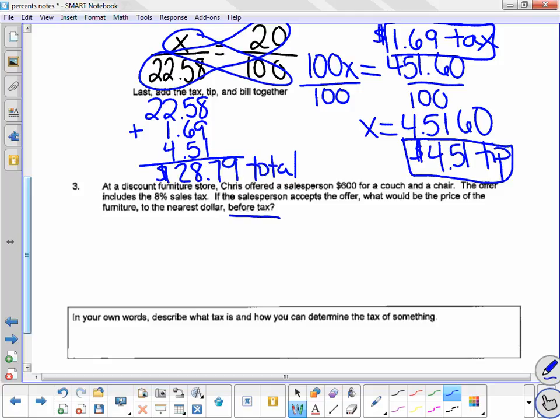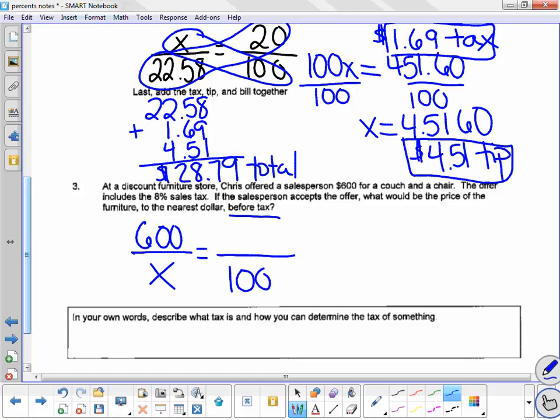So you're still going to set up your percent proportion. 100 is the only spot you don't need to think about. But what you do need to think about is the $600 is your part. You're finding the whole amount.